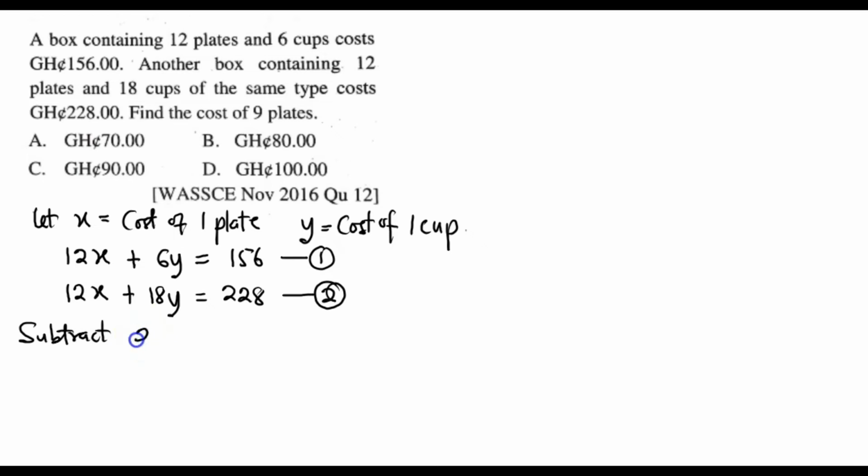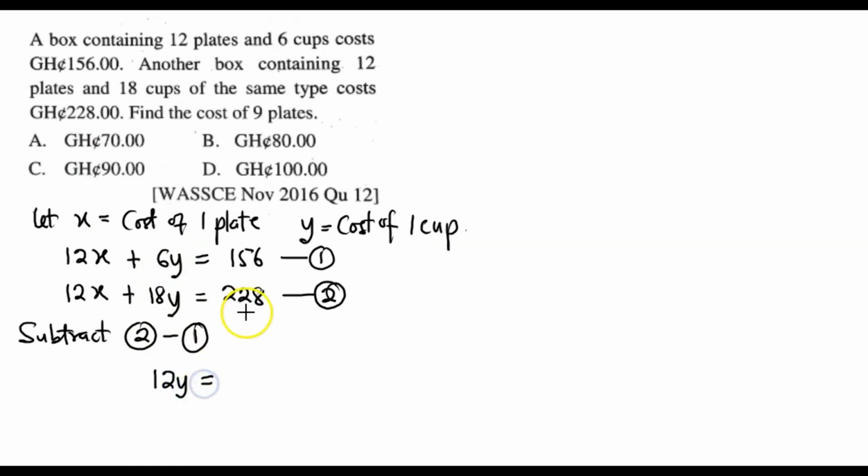So it will be 2 minus 1. And what are we going to obtain? 12x minus 12x will give us 0. 18y minus 6y will give us 12y.